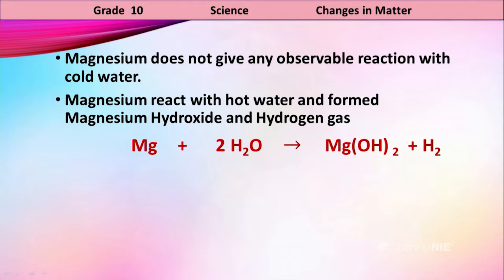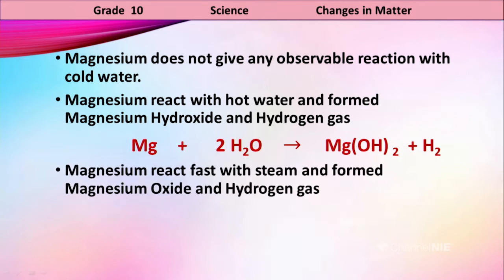Magnesium reacts with steam very fast and forms magnesium oxide and hydrogen gas.